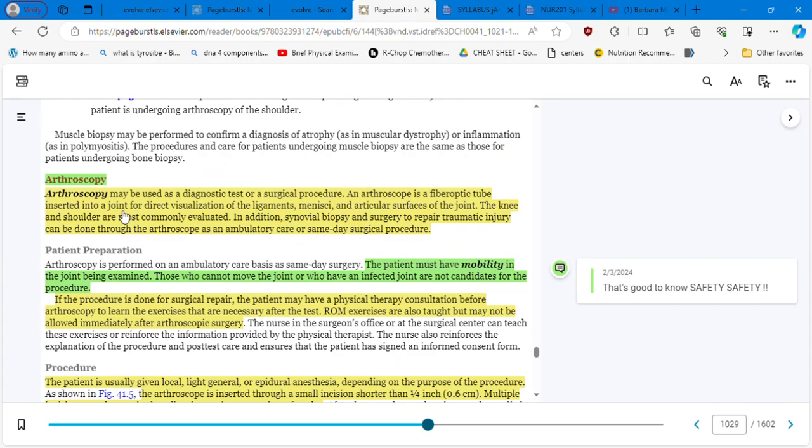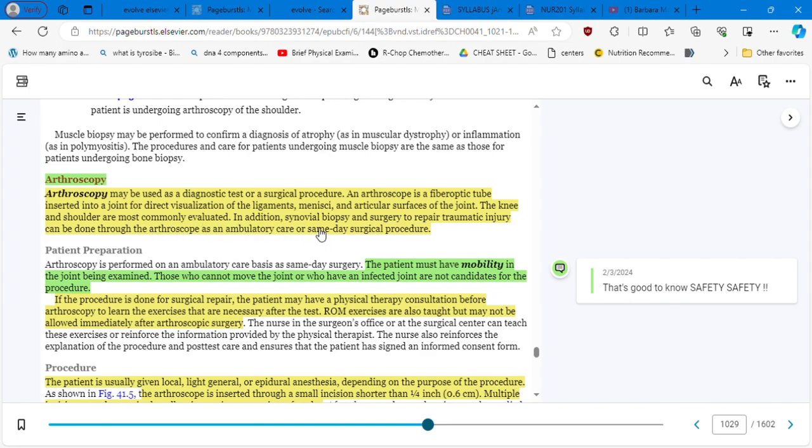Arthroscopy may be used as a diagnostic test or a surgical procedure. An arthroscope is a fiber optic tube inserted into a joint for direct visualization of the ligaments, menisci, and articular surfaces of the joint. The knee and shoulder are most commonly evaluated.